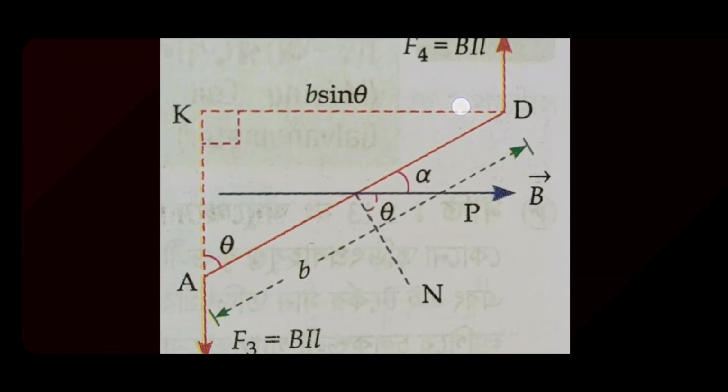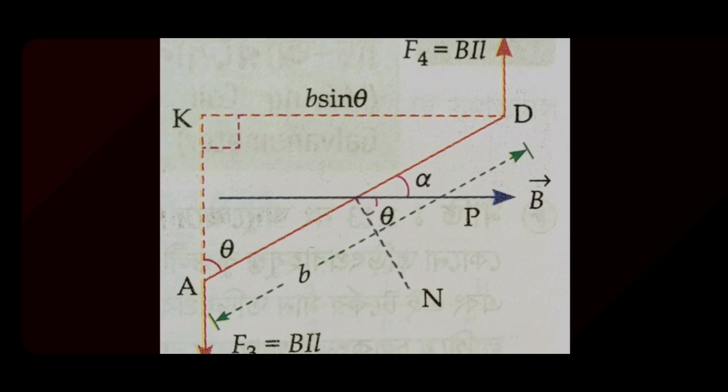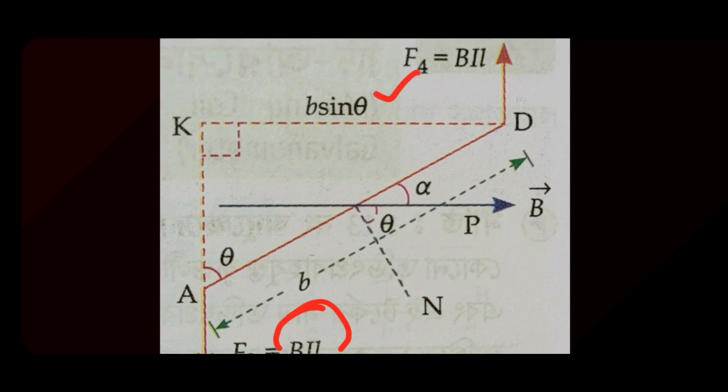We consider this picture. Here F3 is BIL and F4 is also BIL, equal magnitude forces in opposite directions. So these two forces make a torque on the loop.